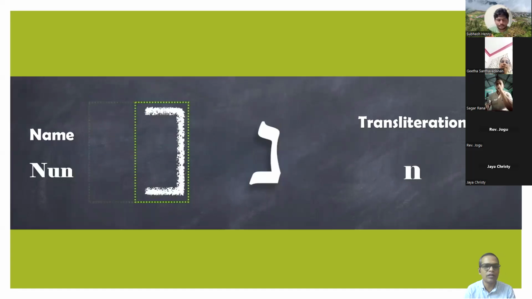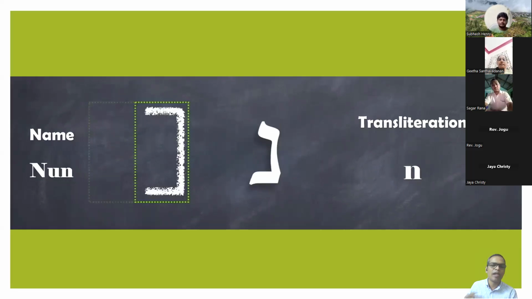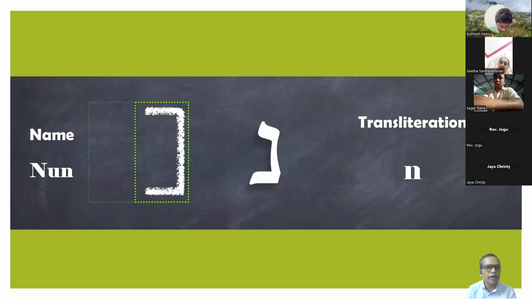The transliteration for Mem is M. The next letter is Nun. If you remember, some of the letters were taking only half of the space of the box. For example, Gimel, Vav, and Yod took only a portion of the space.